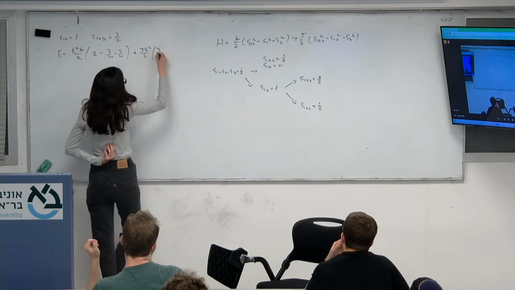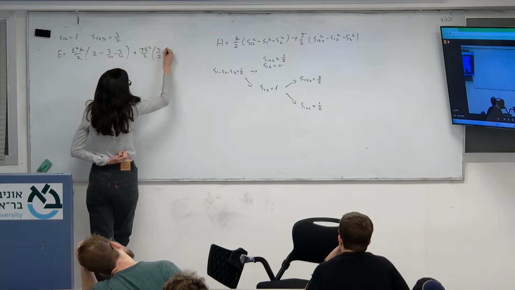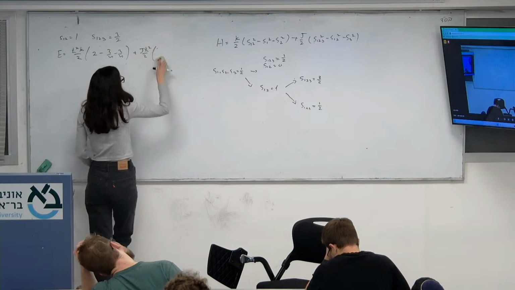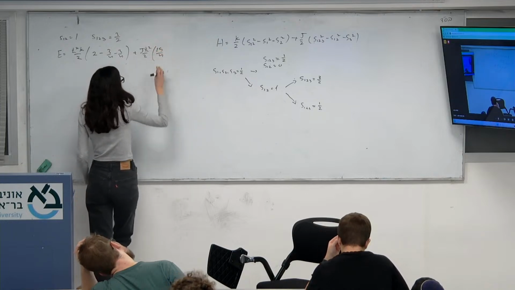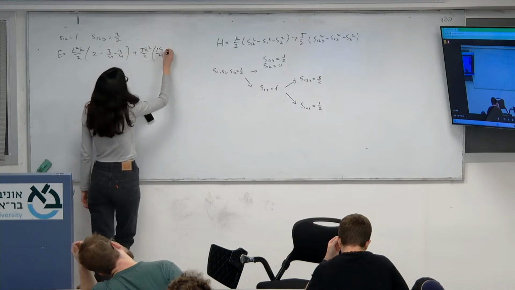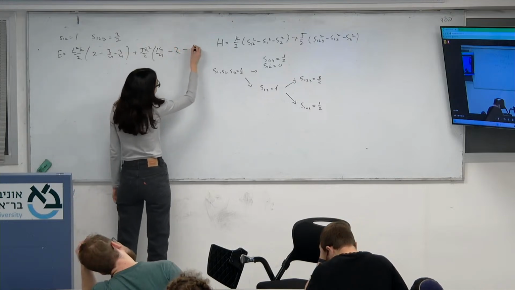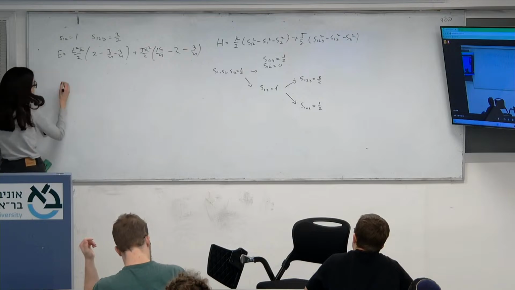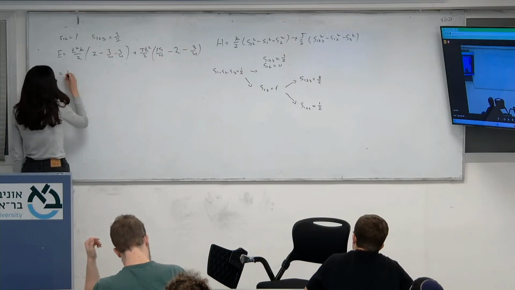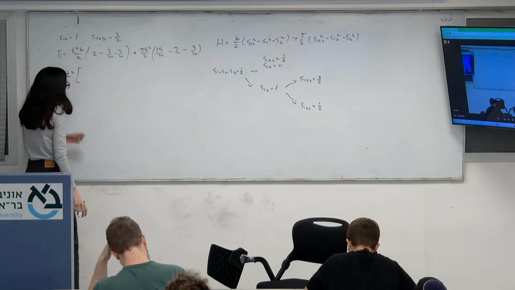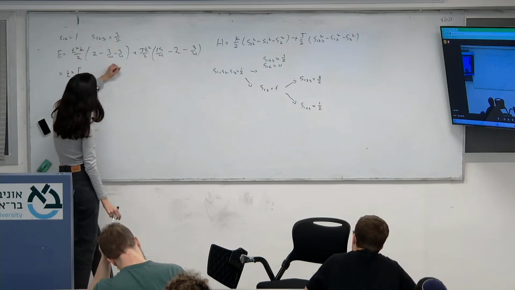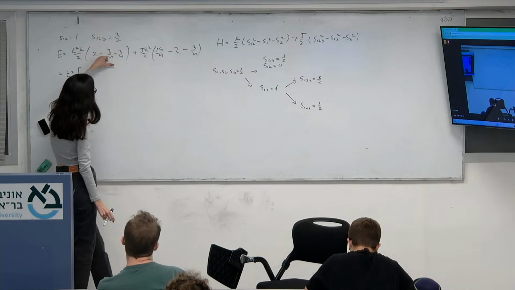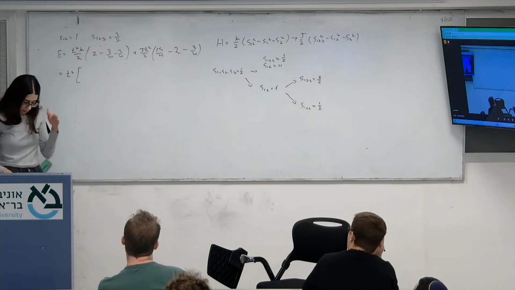So 3 over 2 multiplied by 5 over 2, minus 2, minus 3 over 4. So overall we get 3 over 2. I'm just going to copy the answers.